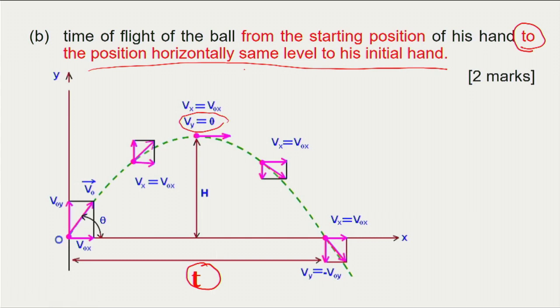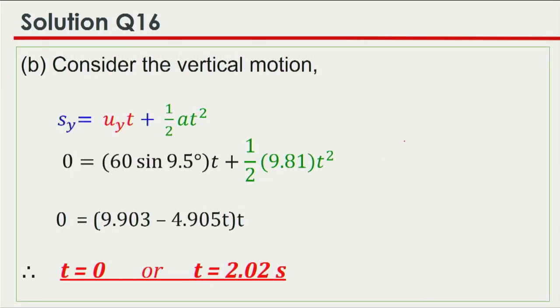So if you look at here, what is the possible equation that we may use for this problem? First, we can try this equation, Sy equals ut plus half at squared. So Sy is 0, Uy is 60 sine 9.5. How did you know 9.5?